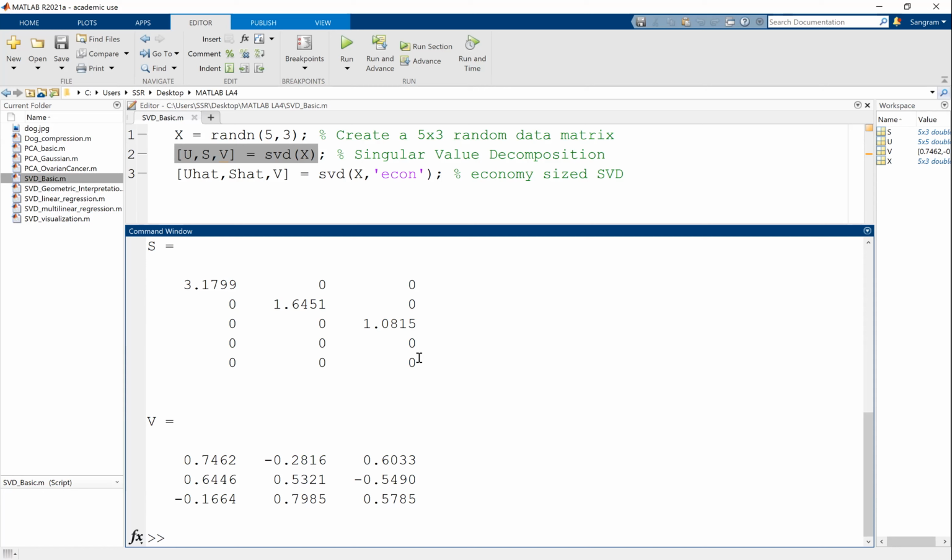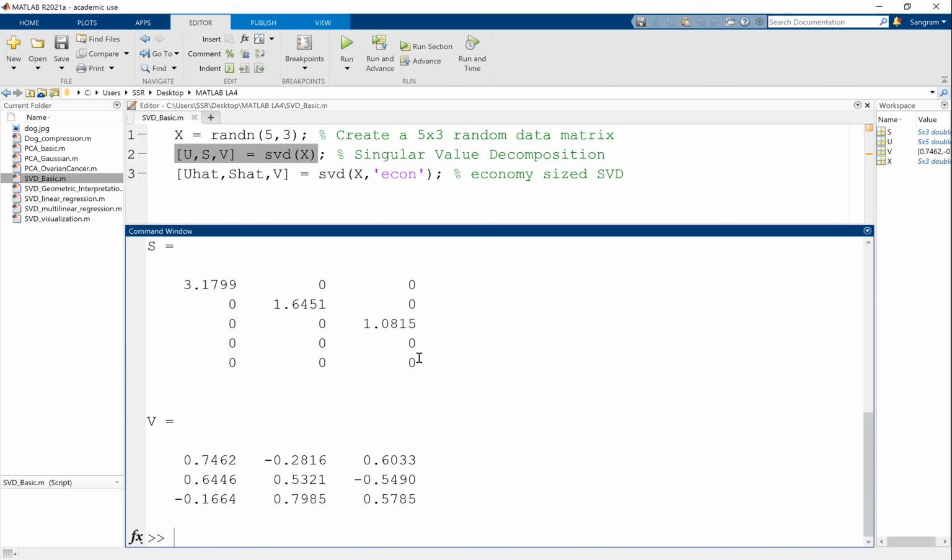It means rather than dealing with that big 5 times 3 data matrix, I can chop it off, shrink it, compress it, and still I would be able to recapture all the data.